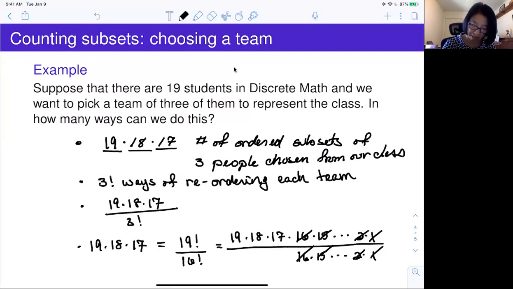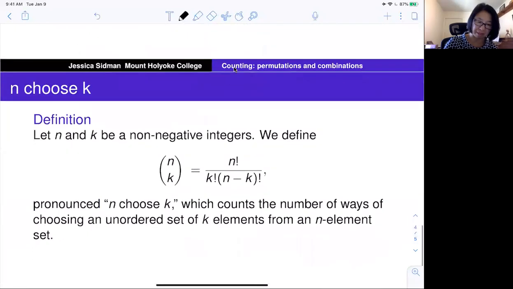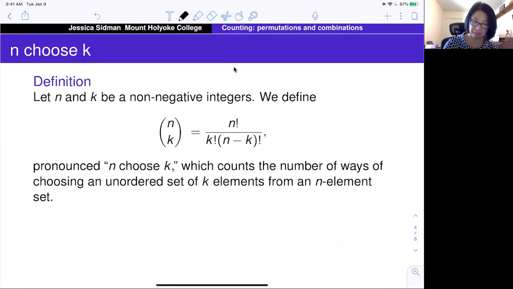So another way of writing this is 19 factorial divided by 16 factorial. That just gives me the 19 times 18 times 17, and then I still have to divide by 3 factorial.